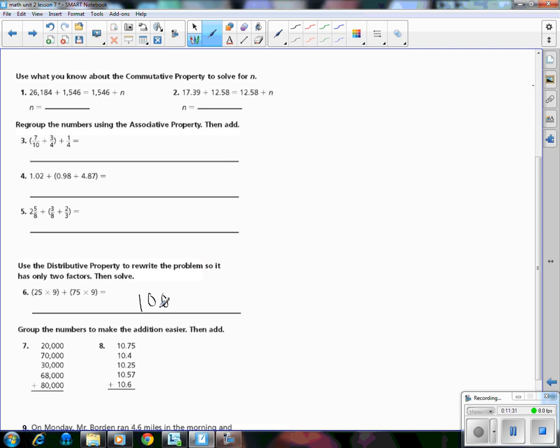So it's actually asking us to rewrite that. So we'll go out here and rewrite that. So we have 9 times, in our closed parentheses, 25 plus 75, which is where I got 100 from.